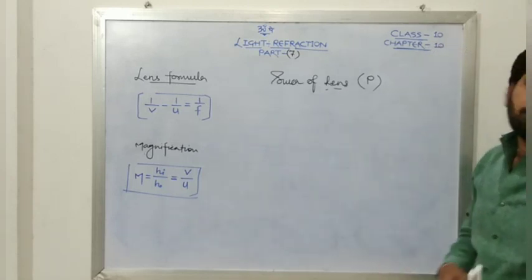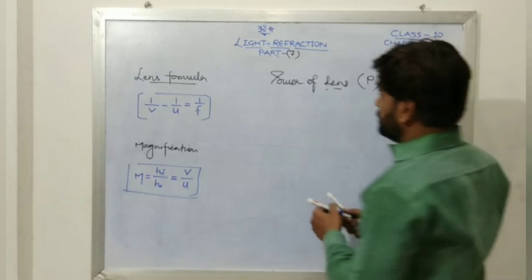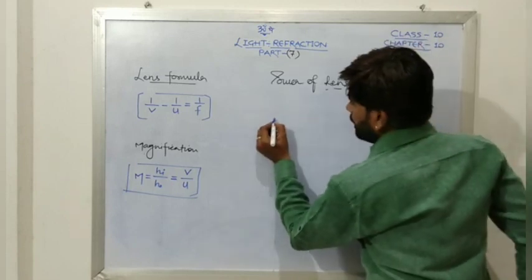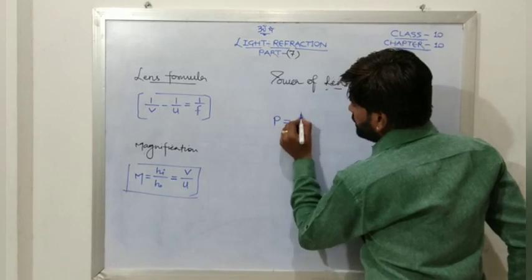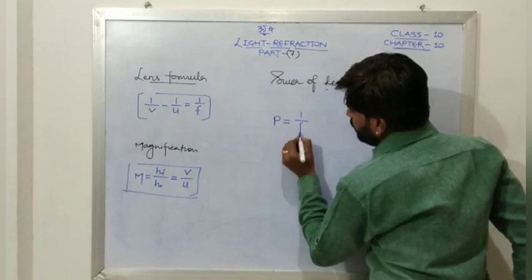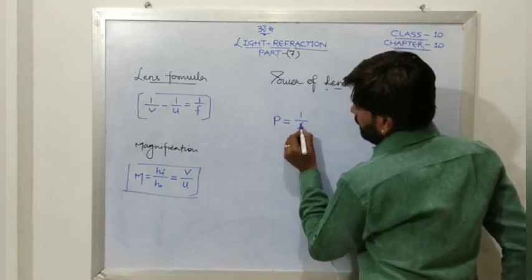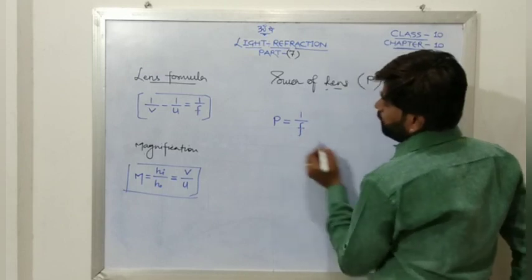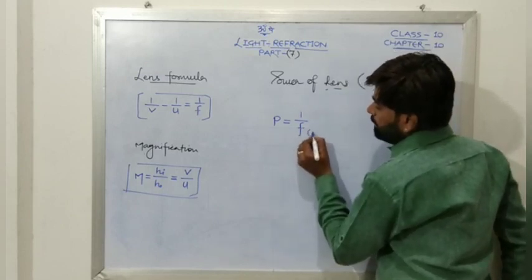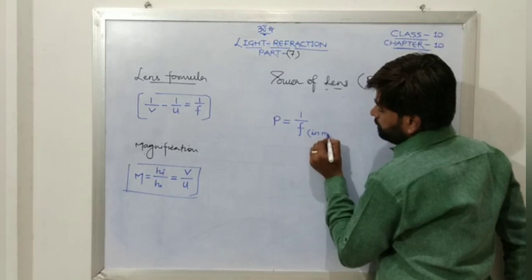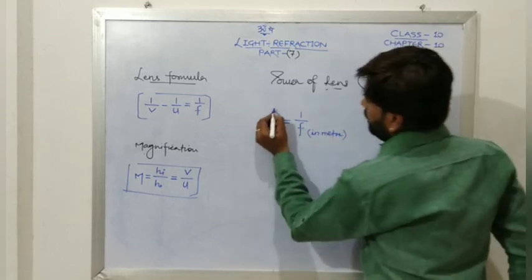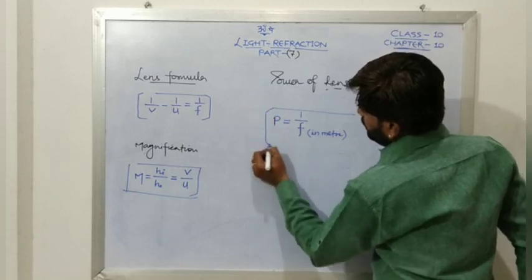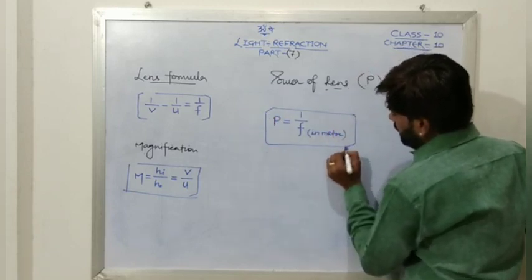That is termed as power. The formula for power is the reciprocal of focal length, where the focal length should be in meters. So this is the power of a lens.